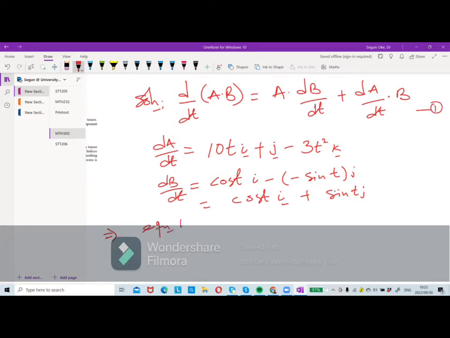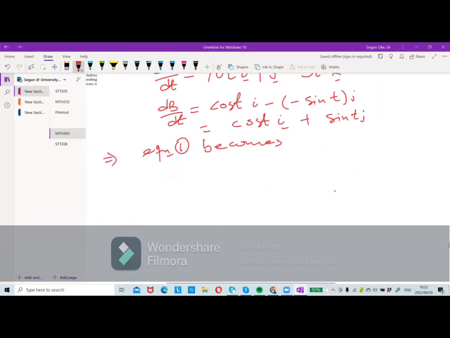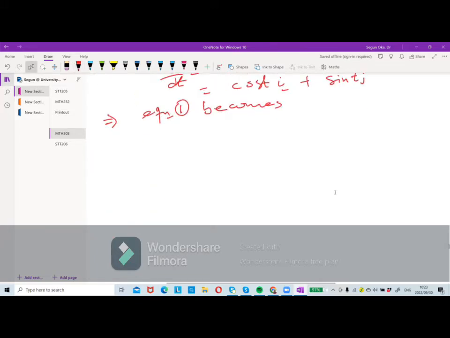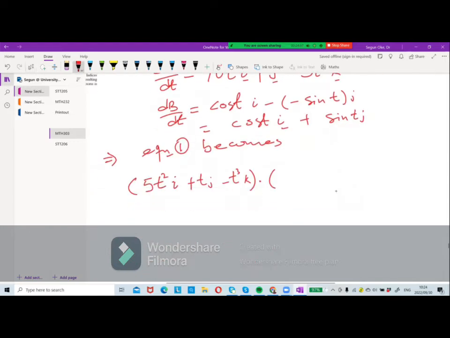Equation 1 becomes: A is the original A itself, 5t squared i plus tj minus t cubed k, dot dB/dt, which is cos t i plus sine t j.